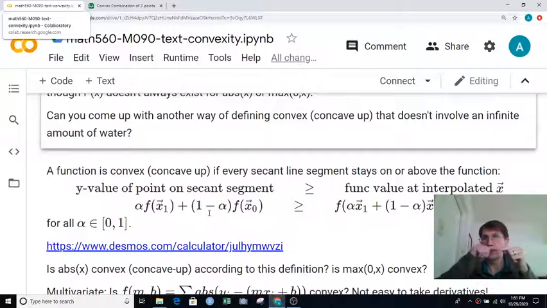So that'll be a point on the line segment between them. And so if for every alpha between 0 and 1, this point on the line segment is above this function value at an interpolated x value, then we'll say that the objective function is concave up or convex. And in the next video, we'll go illustrate that kind of thing and talk more about convexity.